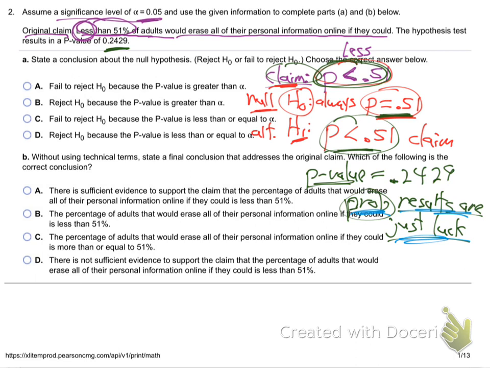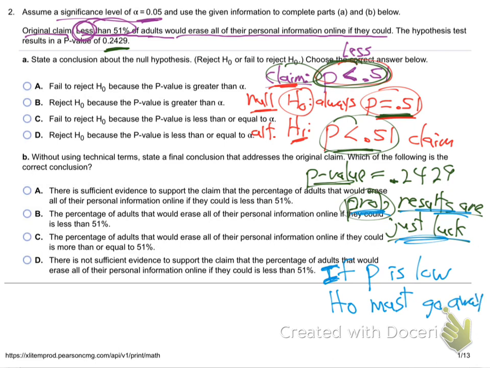So if the P is low, here's the saying that we use. If the P is low, the null must go. So if the P is low, then the null, H0, must go away.